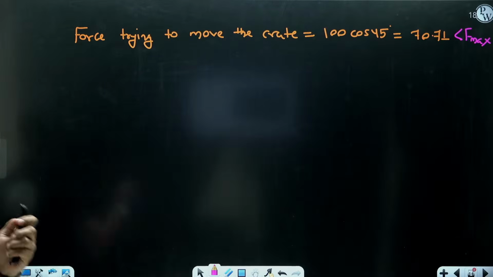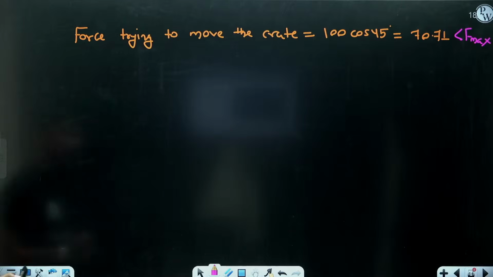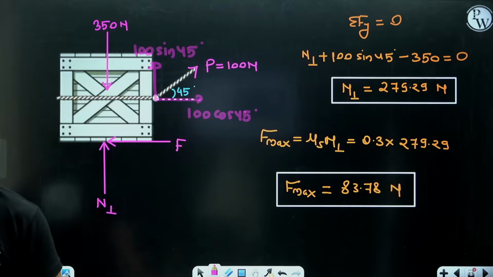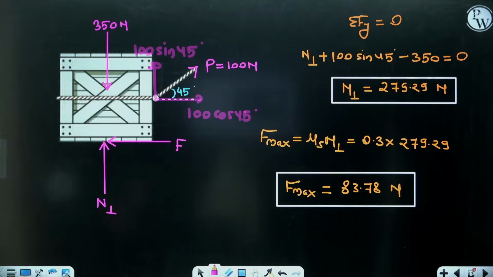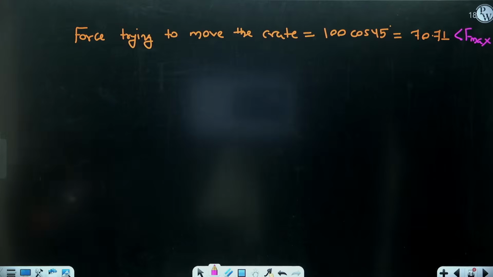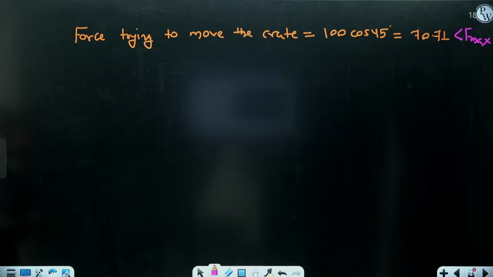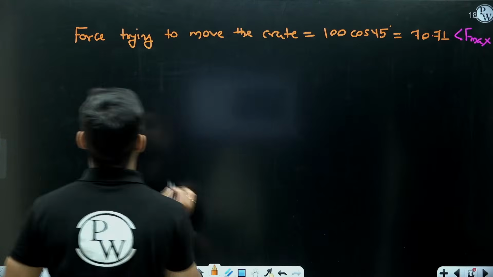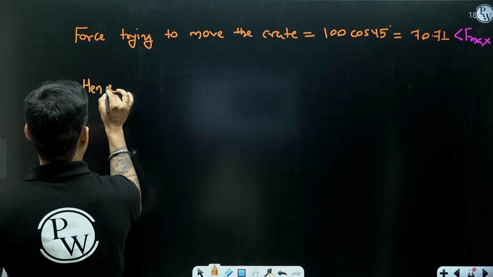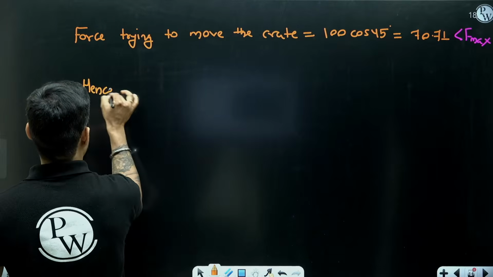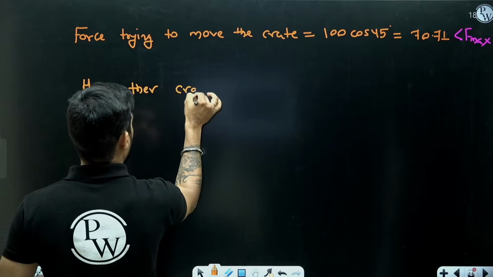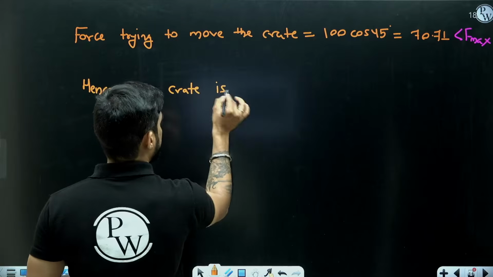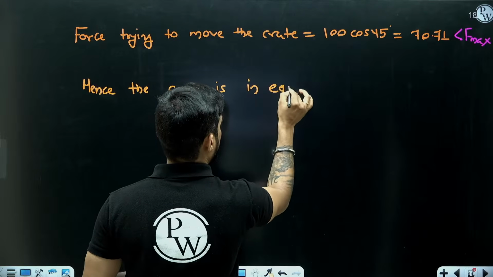It means in order to move this block, we need to apply 83.78 Newton of force. But we are only applying 70.71 Newton. It means the block is not moving. Hence, the crate is in equilibrium.